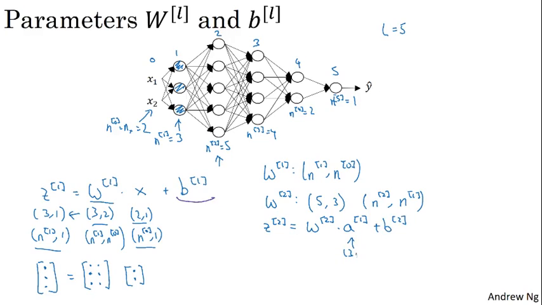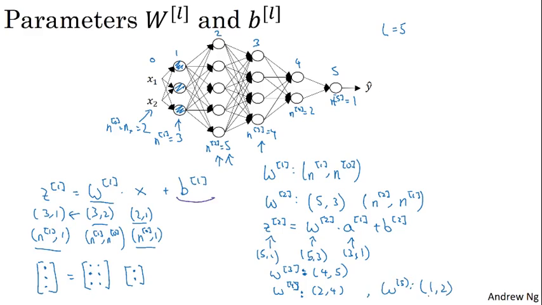This A1 is going to be 3 by 1, and we need Z2 to be 5 by 1, so W2 had better be 5 by 3. And similarly, W3 is really the dimension of the next layer, comma, the dimension of the previous layer. So this is going to be 4 by 5. W4 is going to be 2 by 4, and W5 is going to be 1 by 2.